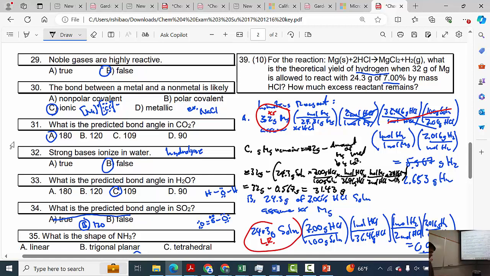Minus 32, 31.43. We have to go by decimal places, and so to round this to no decimal places, we're going to just round it to 31 grams of excess remaining.